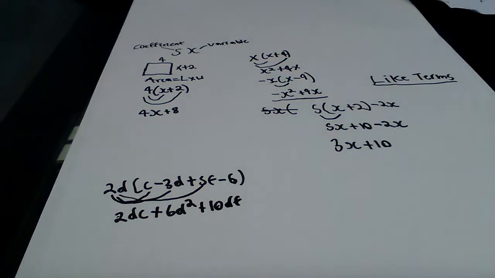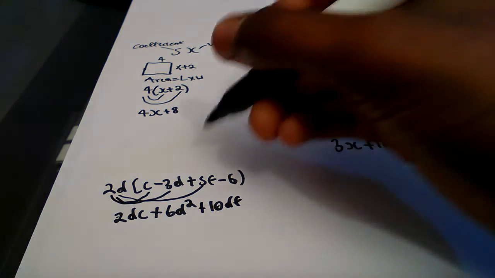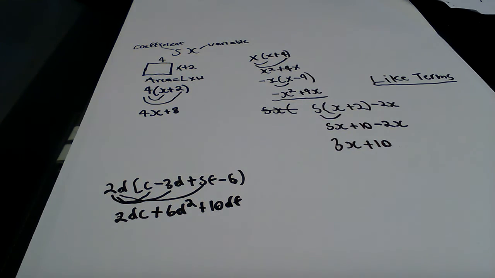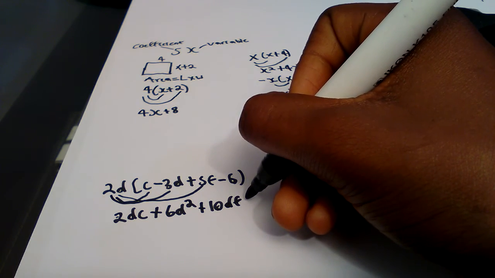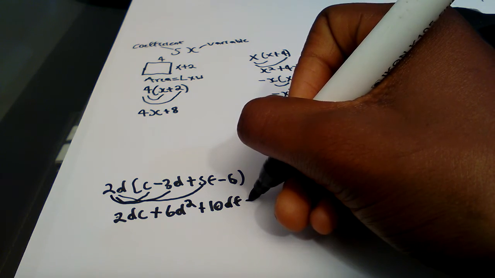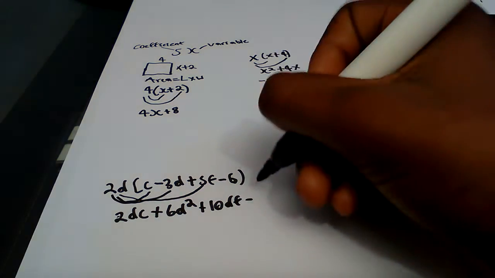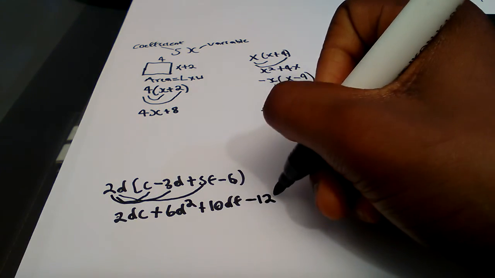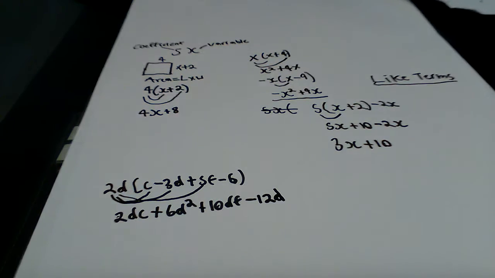There we go. Okay. So then we do 2d times minus 6. 6 times 2 is 12. Okay. And that'll be, positive number times negative number is what? A negative number. So minus 12, alright? Minus 12d. Okay. There we go.